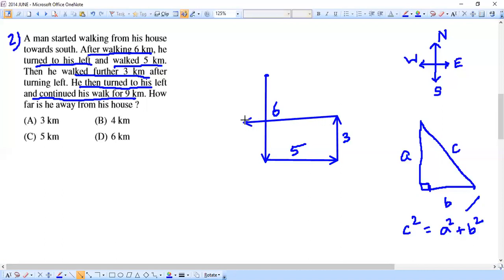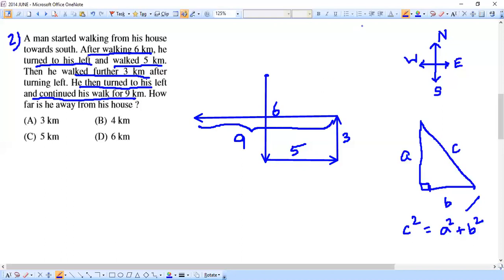Left hand side will be like this, and he's going to walk for 9 kilometers. 9 kilometers will be a little stretched away. Yeah, maybe here. Fine. So now once again, this entire distance he has now walked is going to be how much? This distance would be 9 kilometers.